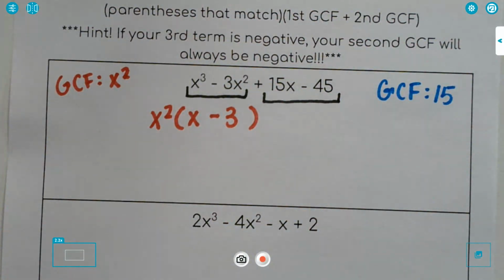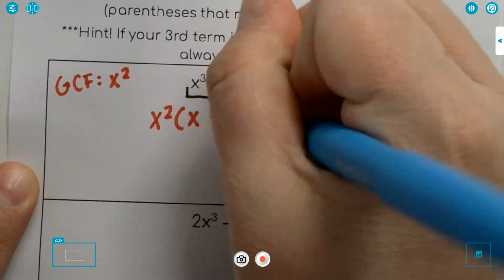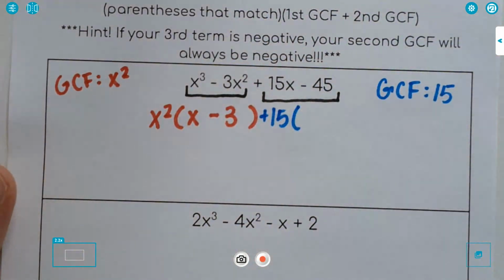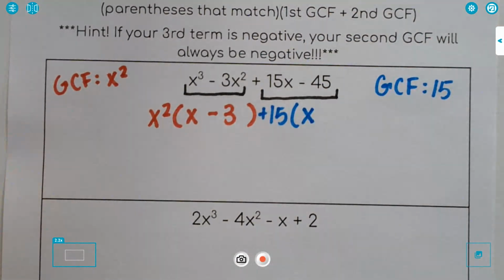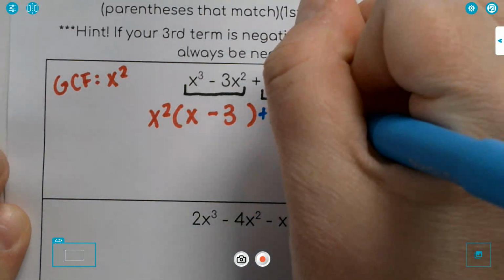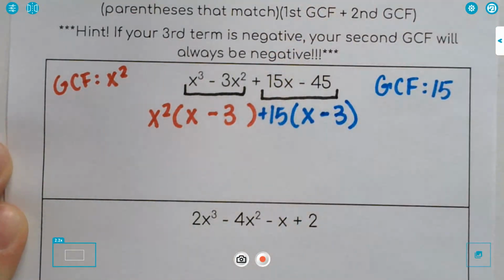I can divide both those by 15. So I'm going to put plus 15 there. 15x, I divide out the 15. That leaves me either x or 1x. And then negative 45 divided by 15 leaves behind negative 3.